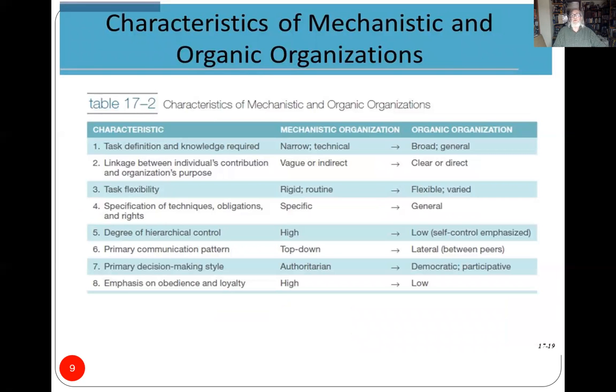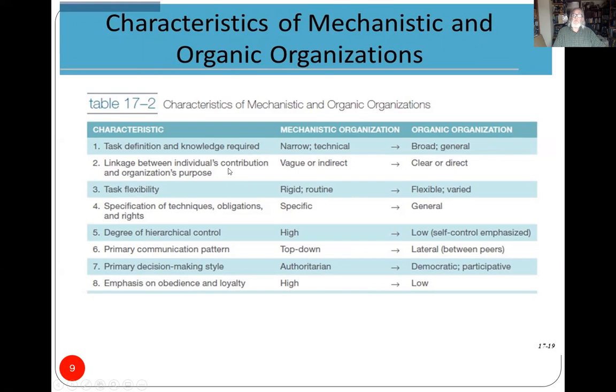Here is a comparison of some characteristics of mechanistic and organic organizations that I think are pretty much in line with what I've been telling you. What you need to know to do on your job in a mechanistic organization is going to be narrow. It's going to generally be very technical, and that's all that you do. In an organic organization, you may need to have more broad or general knowledge.